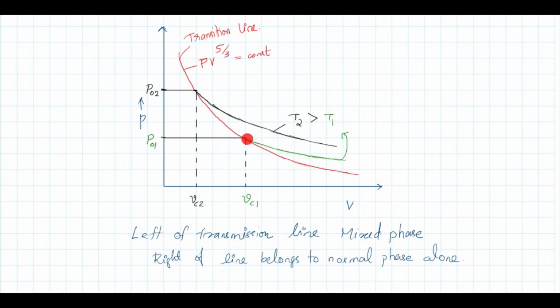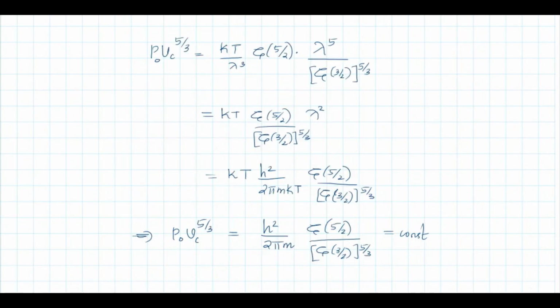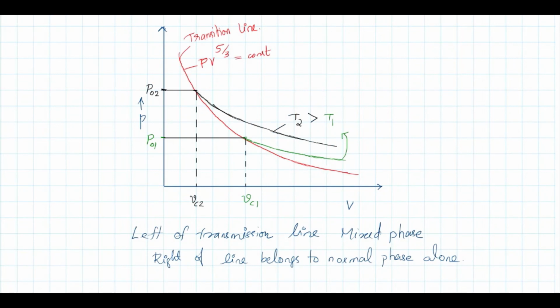It is not that PV raised to 5 by 3 is a constant; it means that P0 Vc raised to 5 by 3 is a constant. This graph is the transition line. If you take any points on this graph at the critical temperature, then P02 Vc2 raised to 5 by 3 and P01 Vc1 raised to 5 by 3 are all the same.